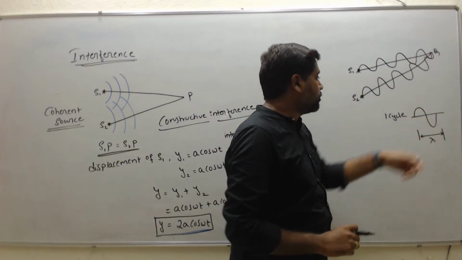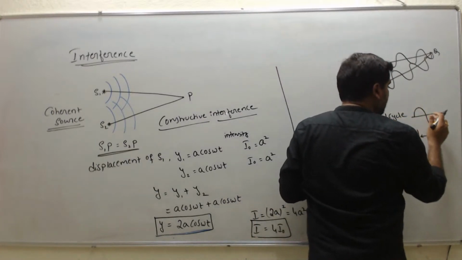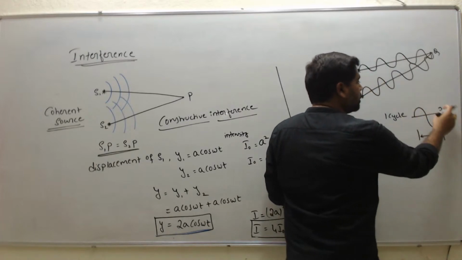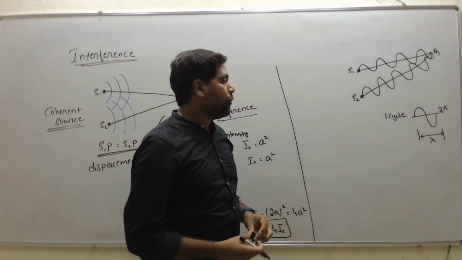If we write it in terms of phase, one cycle is equal to 2 pi.